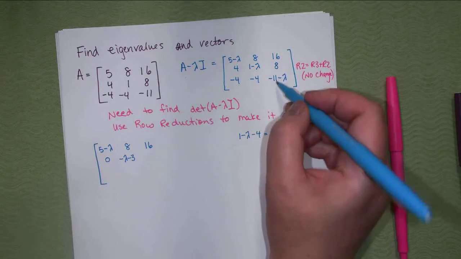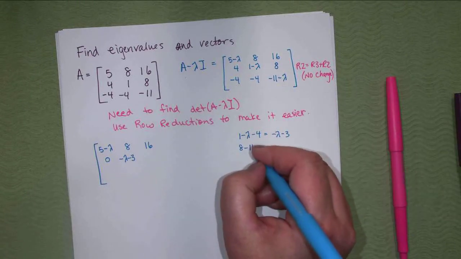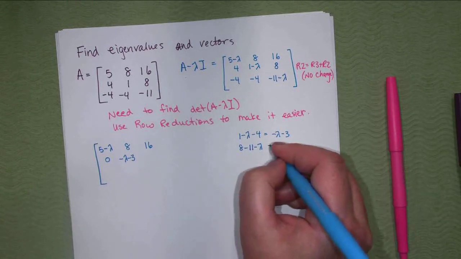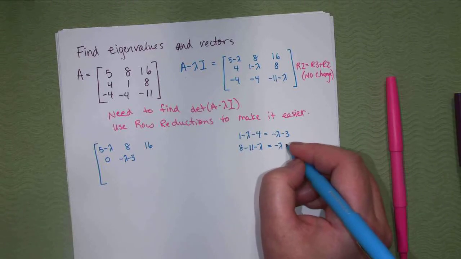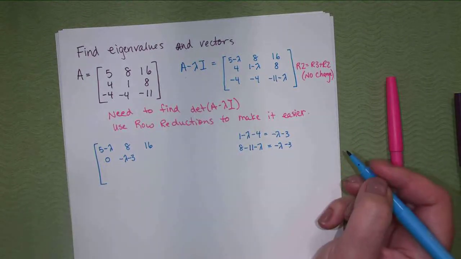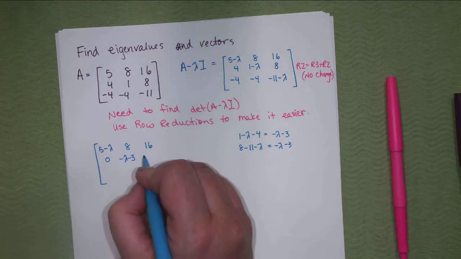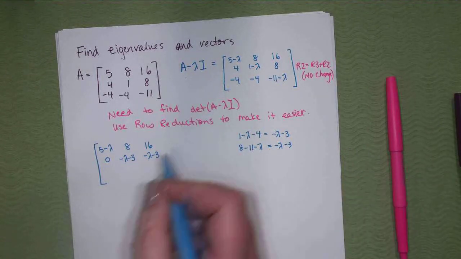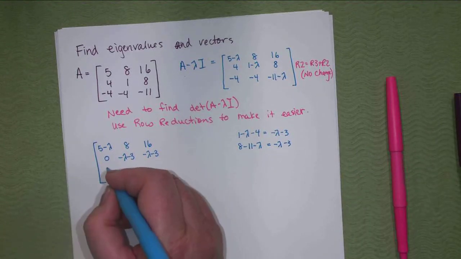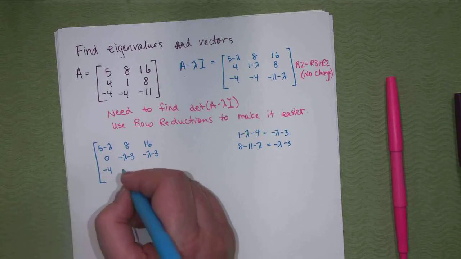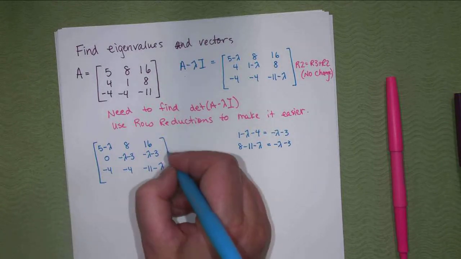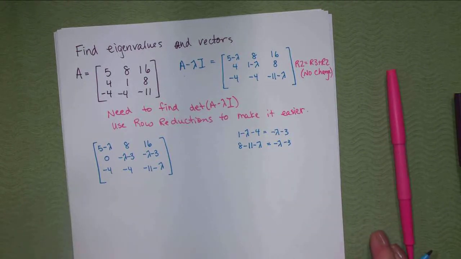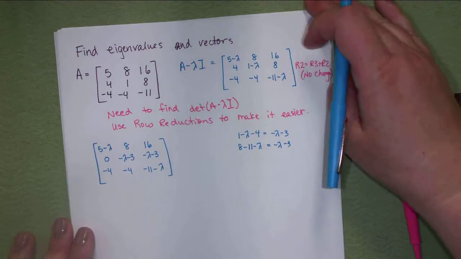And then 8 minus 11 minus lambda. Same thing. Okay, so this still has the same determinant.